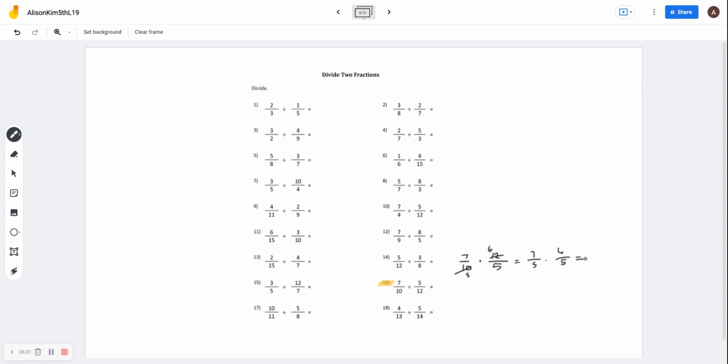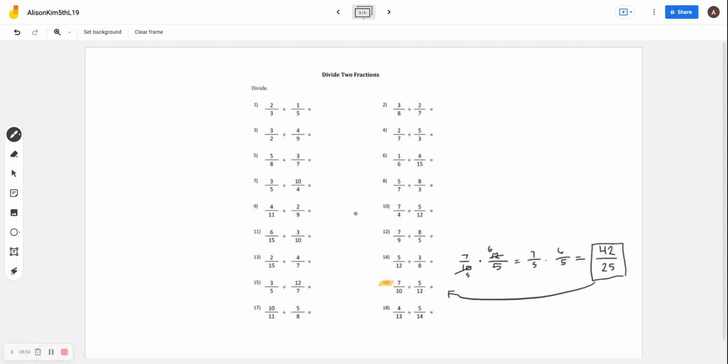Now I can multiply across. 7 times 6 is 42, and 5 times 5 is 25. Now this is an improper fraction, but it's simplified fully, so I could just leave it as an improper fraction. You can always move it into a mixed number, but that'll take more time. So the answer for number 16 would be 42 over 25.